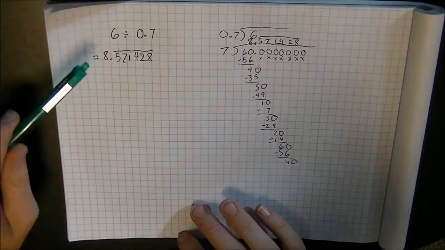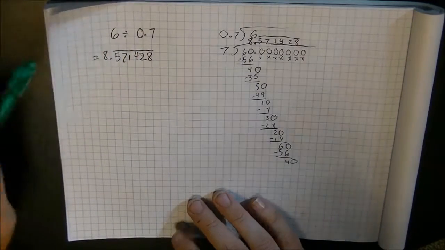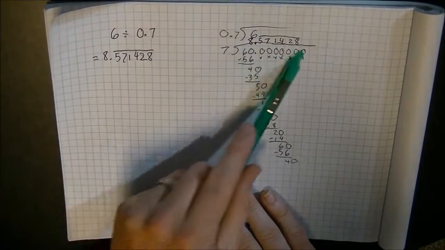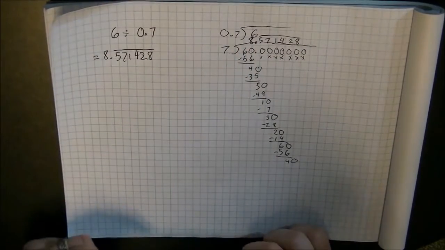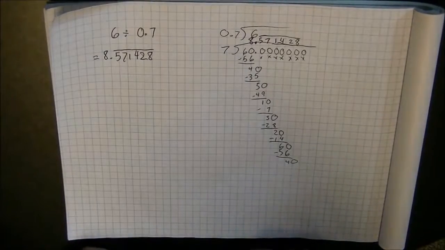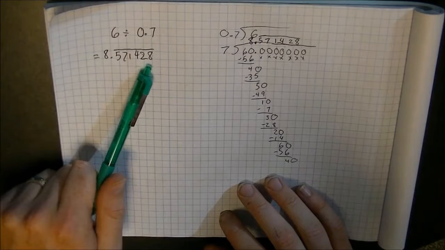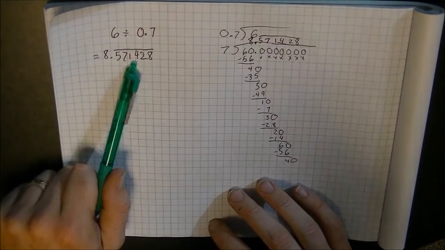So sometimes we don't get things coming out perfectly and ending when we find our decimals this way. Now, of course, in the field of medicine, you're never going to need to have the 10 millionth decimal place or anything like that.